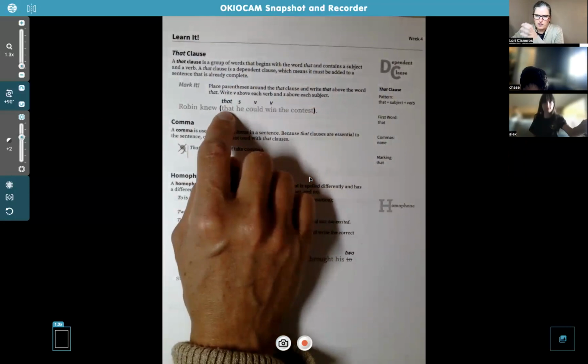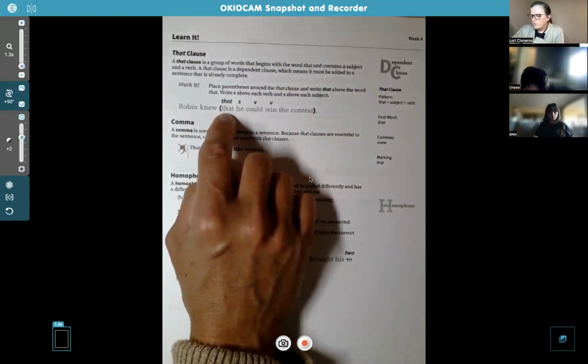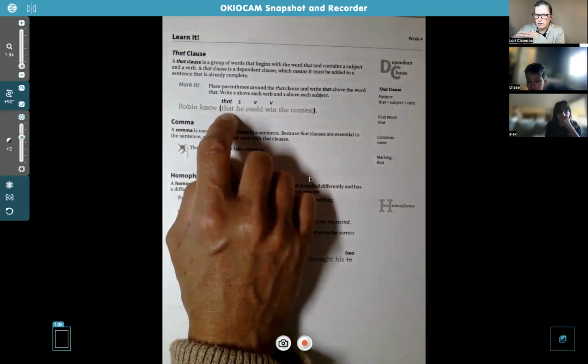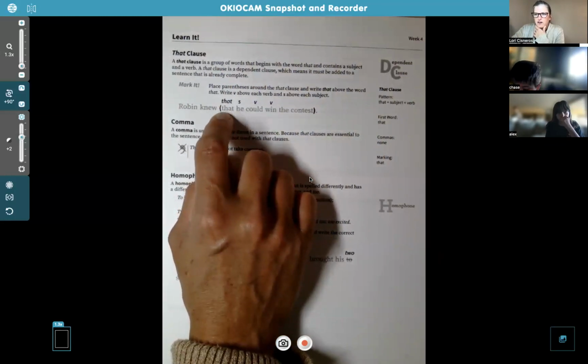And then right above, this sounds weird, but right above the word that, you're going to write that. Basically what you're doing is labeling it a that clause. I know it sounds redundant, but that's how you label that.